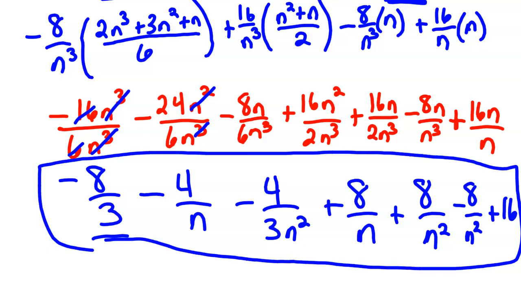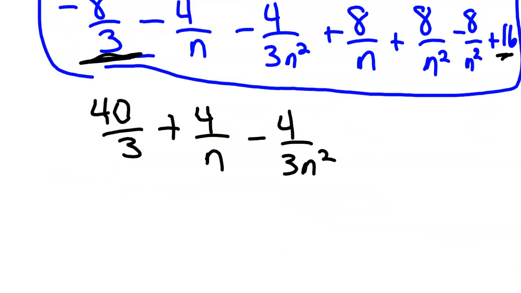And we could combine some terms. I'm not going to combine them all, but I'm definitely going to combine this negative 8/3 here and the 16, our two constants. You can combine all those n's in the middle, but it's not necessary, because I'll show you what we're going to do.